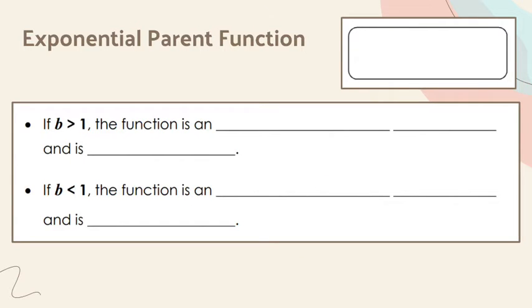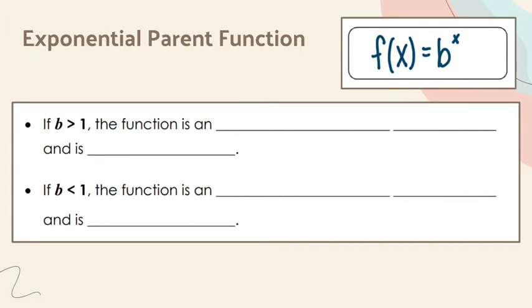So the exponential parent function, and remember that the parent function is just the absolute most basic form of a function. This is f of x equals b to the x power. Now, this b can be any number, and it's still considered a parent function.